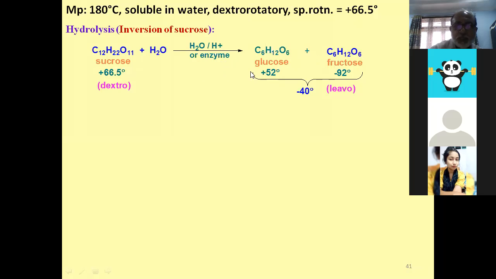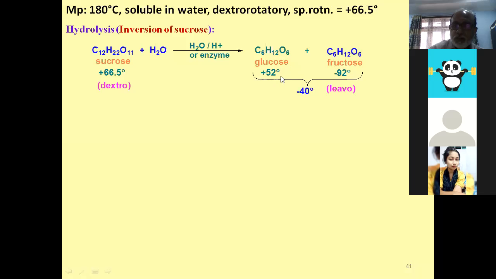But one interesting thing happens here. Sucrose, which is the starting material, is a dextrorotatory compound. But after you have hydrolyzed it, what are you getting? One equivalent of glucose and one equivalent of fructose. But what is the specific rotation of glucose? It is plus 52 degrees.